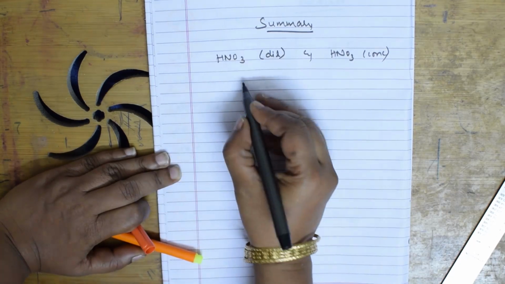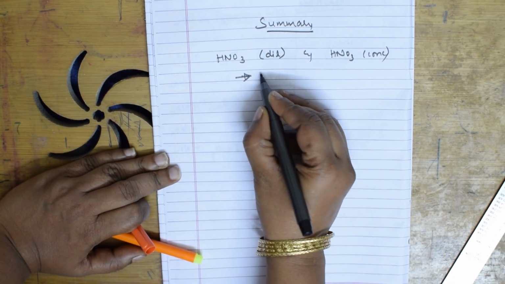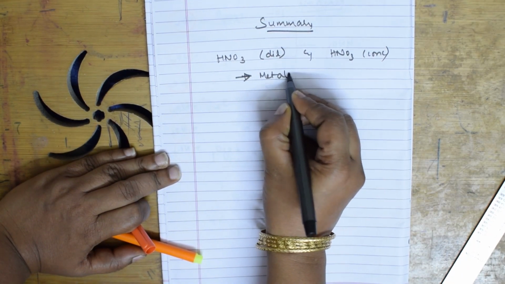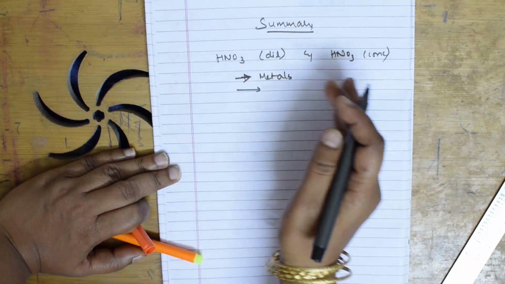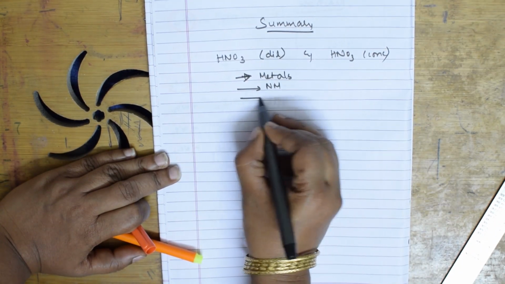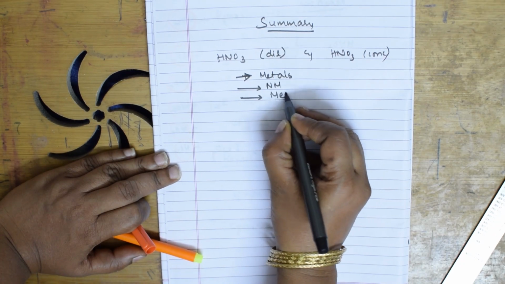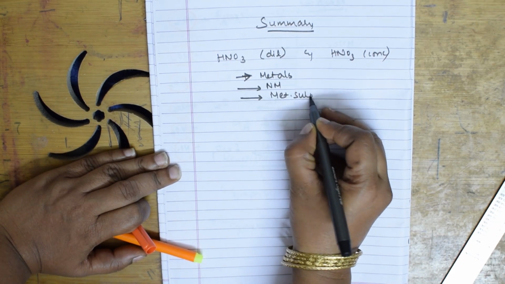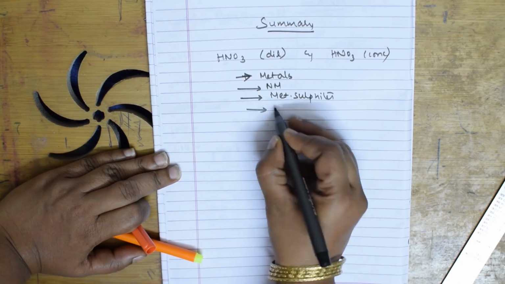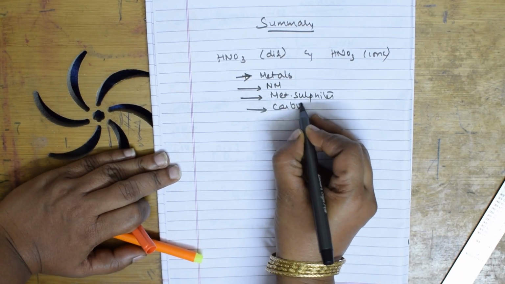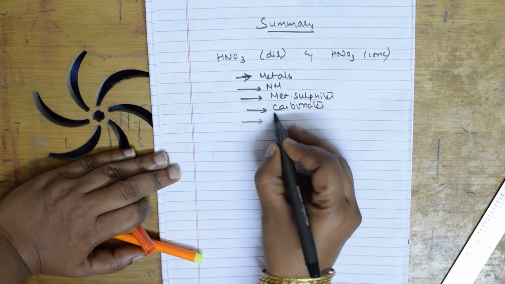We have learned the reactions with metals. What with metals I have seen? I have seen reactions with both the cases, non-metals. Then I have seen reactions with metallic sulphides. Then I have seen reactions with carbonates. Then I have seen reactions with bicarbonates.